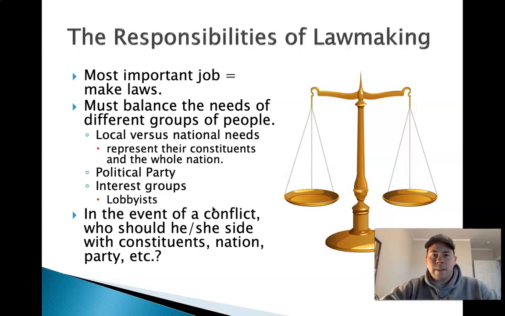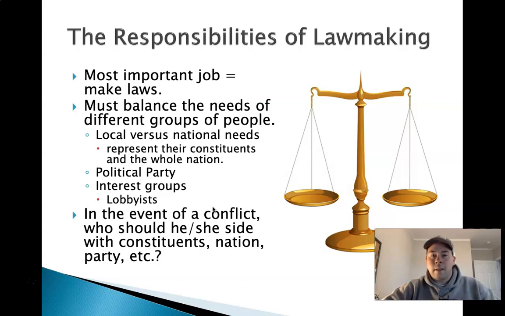He also serves his political party. And that's something that's unpopular to say sometimes, but it's definitely true in the sense that their party expects certain things out of them, but then also they need their party to be successful. We have political parties because that means that people can come together and agree on certain topics, and they're able to work together if they're in the majority to make sure that what they need to pass is passed.